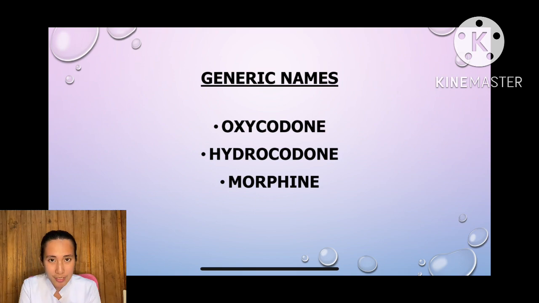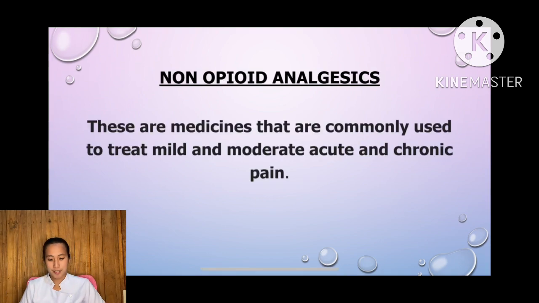Now, let's proceed to the non-opioid analgesics. These are medications commonly used to treat mild and moderate acute and chronic pain. Earlier I discussed the opioids, which are used for the management and treatment of pain.